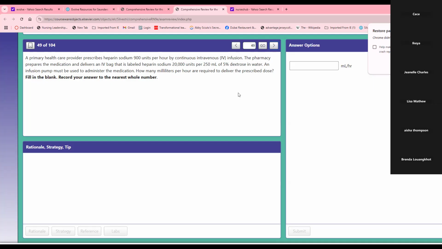Desired over hand. And our desired dose is 900, always what you're given per hour. Or it could be per minute, then you would have to calculate it to hours. If it was per minute, you'd have to multiply it by 60 because they want hours. It's always back to what does the author want? What do I have in the statement?